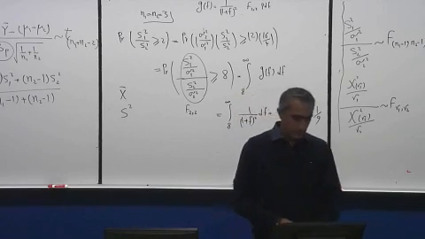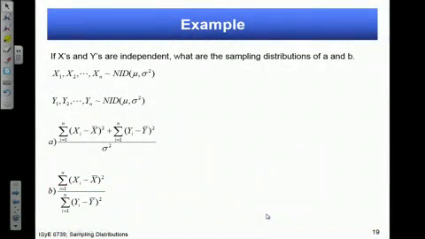Okay. So 2 examples. We have 2 independent samples, x1 to xn, y1 to yn. We have basically 2 statistics, which are A and B. We want to find the distribution of A and the distribution of B based on what you have. Give you a couple of minutes to work on it. Actually, let's make it more exciting. How about a quiz? It's open note and a group quiz.